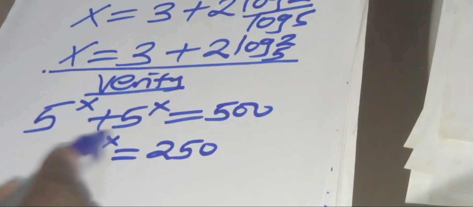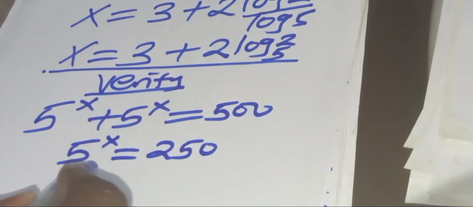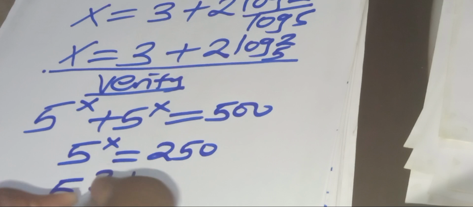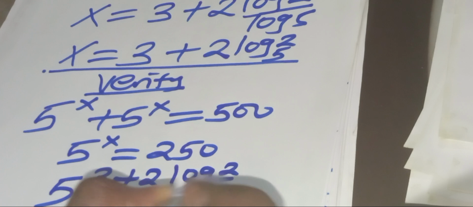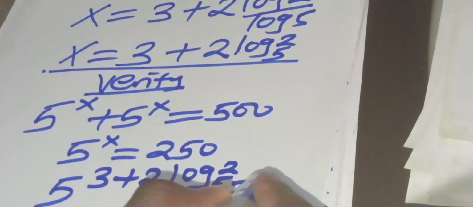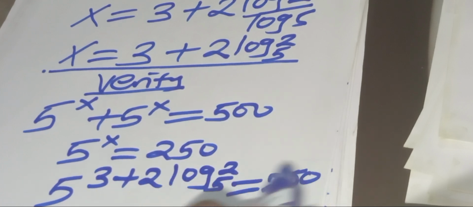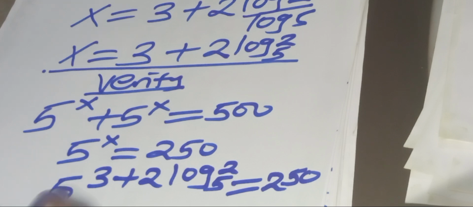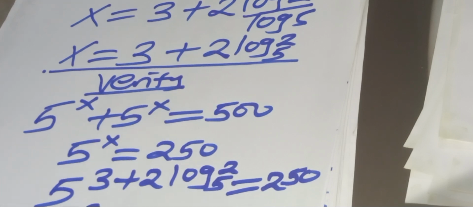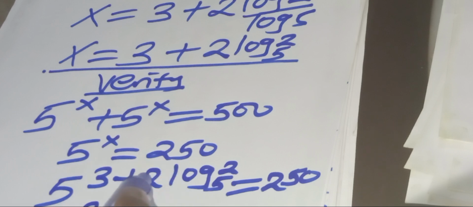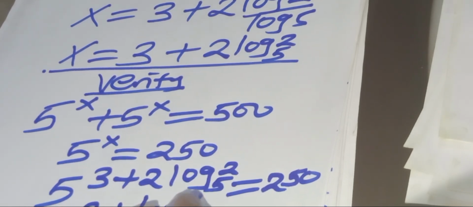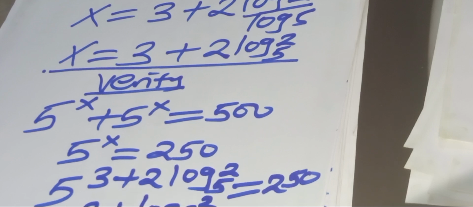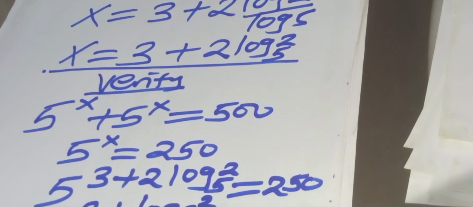So let's substitute the value of x, so that we'll have 5 to the power x, which is equal to 5 to the power 3 plus 2 log 2 to base 5. This should give us a value of 250. Now, this is the same thing as 5 to the power 3 plus, now 2 log 2 to base 5 can be expressed as log 2 to the power 2 to base 5.